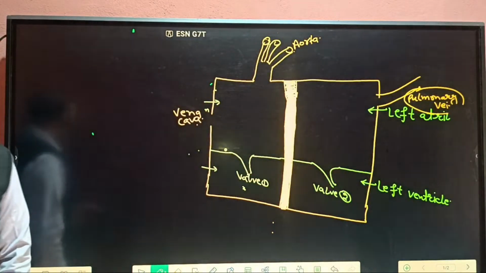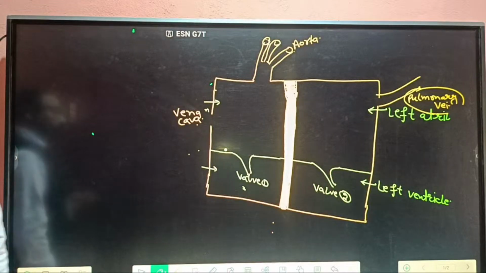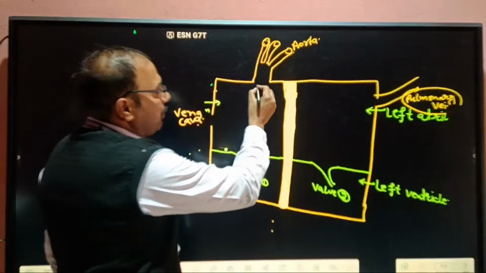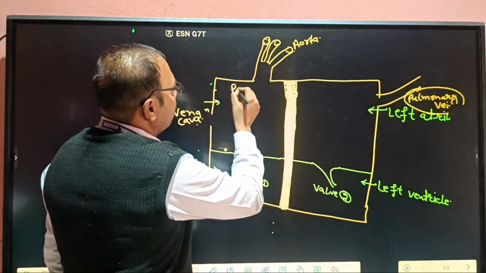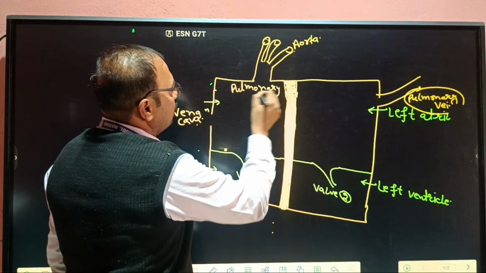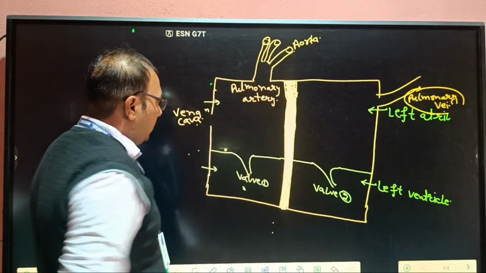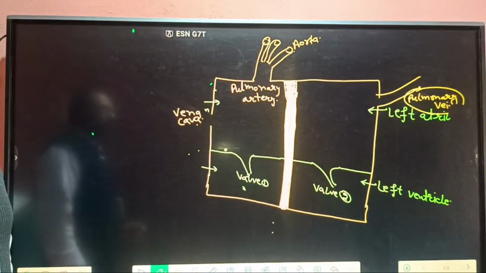So this is the part of the vena cava, and this right here is the pulmonary artery. Okay, so how does it work?